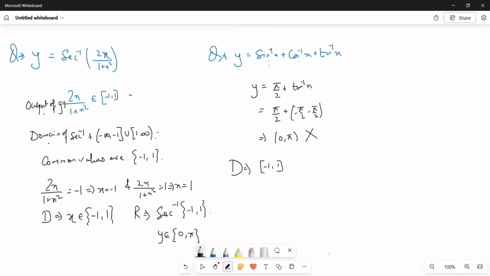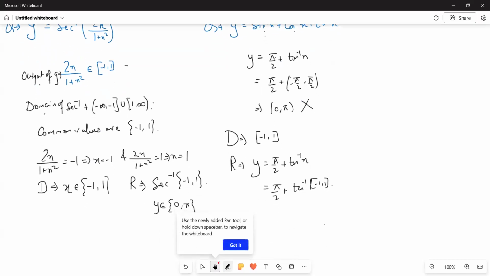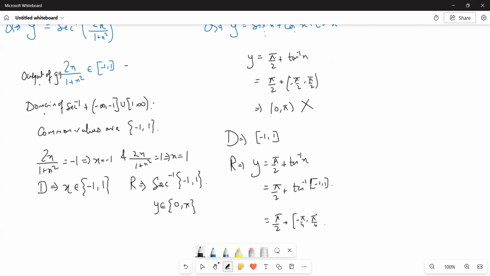So y is equal to pi by 2 plus tan inverse x is correct for the range. The problem is that x over here will only be a number lying between -1 to 1, which then implies that the return value that we get for tan inverse will lie between minus pi by 4 to pi by 4, instead of the full range of minus pi by 2 to pi by 2.